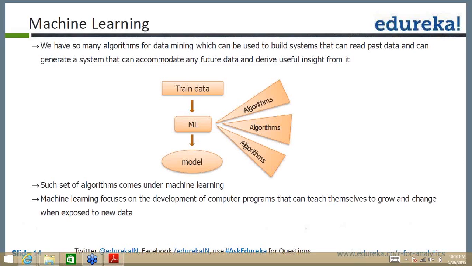Fraud detection: identify credit card transactions that are fraudulent in nature. Weather prediction. Machine learning is penetrating into all these things, right? A set of algorithms comes under machine learning: development of computer programs that teach themselves to grow and change when exposed to new data.